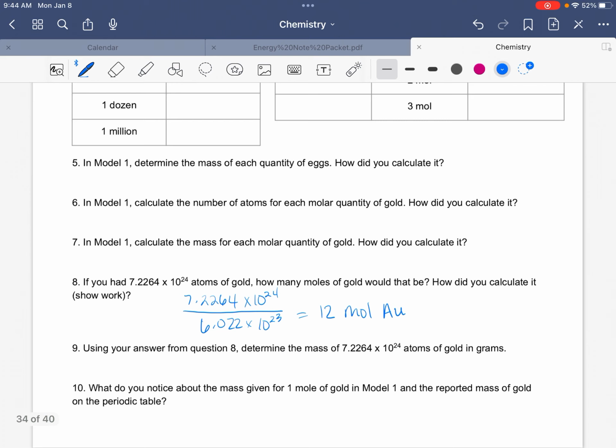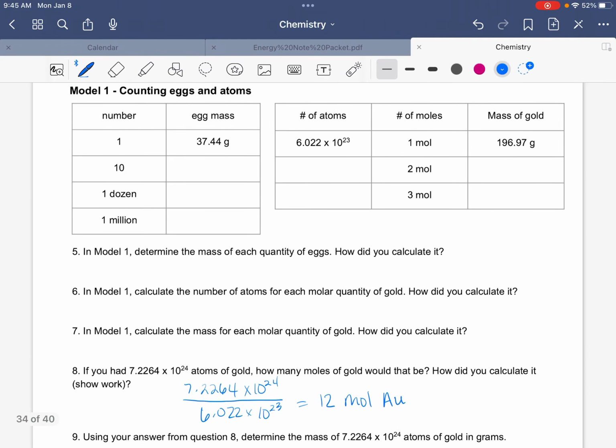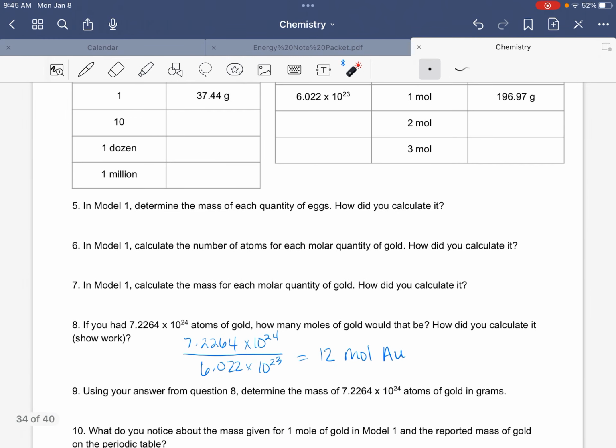Okay, for question 9, using your answer from question 8, determine the mass of our 7.2264 times 10 to the 24th atoms of gold in grams. Okay, so we already converted it to moles, and so then we can easily go from moles to mass. So we can take our number of moles of gold times the mass of a single mole of gold in order to determine the total mass.